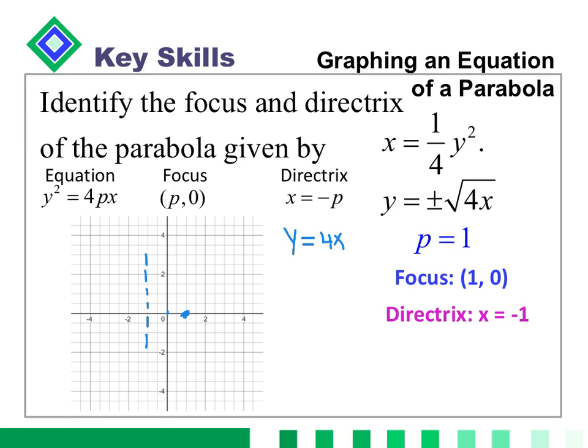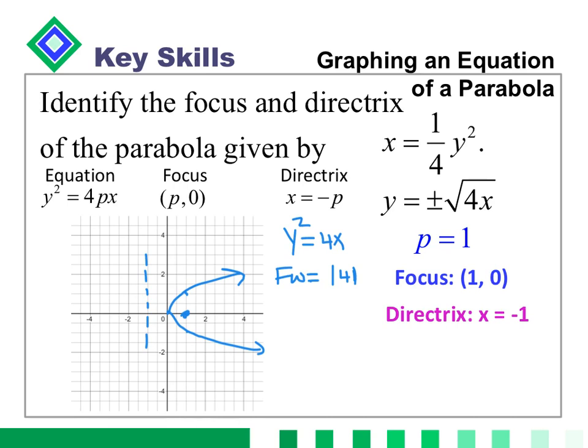So the focal width is given by the absolute value of 4, which is just 4. From the focus, I know the focal width is going to be 4, so I just need to go up 2 units. Remember, the focus is (1, 0). So I go up 2, then I go down 2, and then I just connect, and I have my parabola.